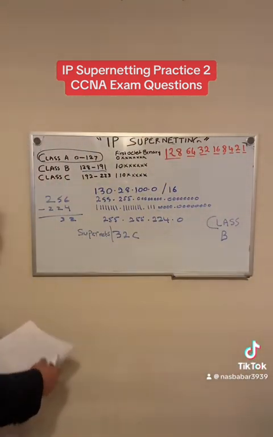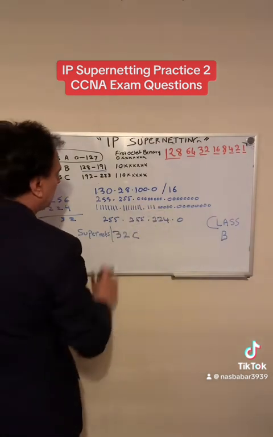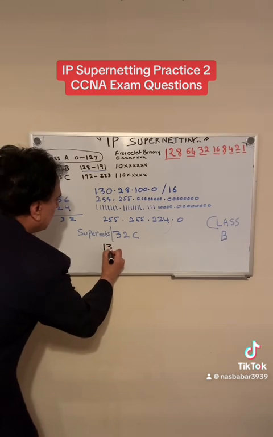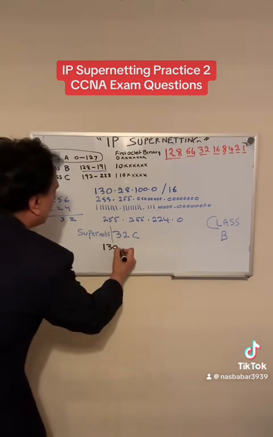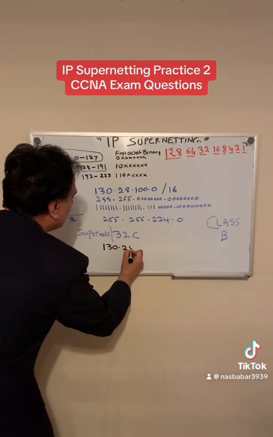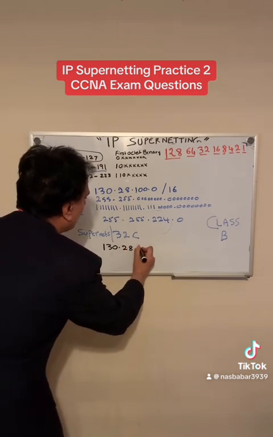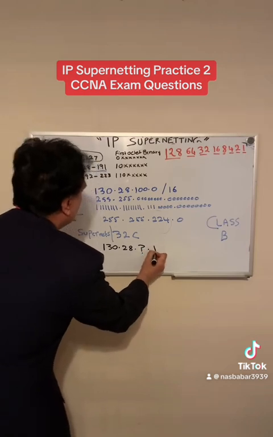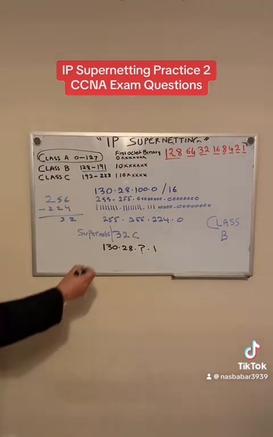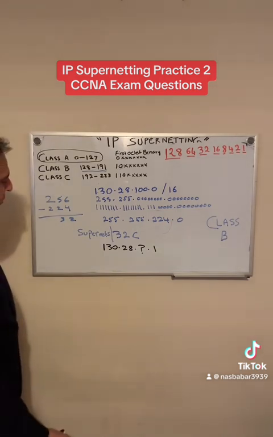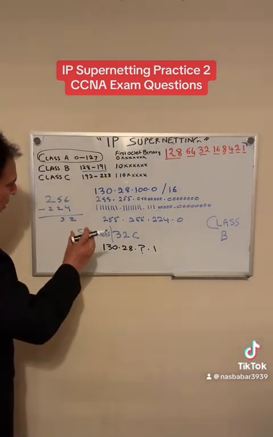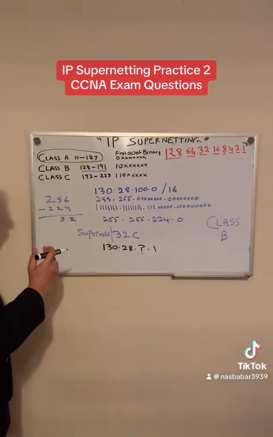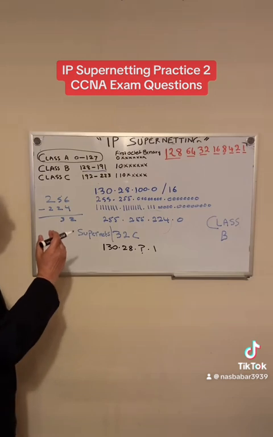If you look in here, I have manipulated my third octet, right? So the first IP is going to be 130.28.question mark.1. So let's talk about this question mark. This question mark is basically the third octet. We have a range of 32. So we're going to have 0 to 32.